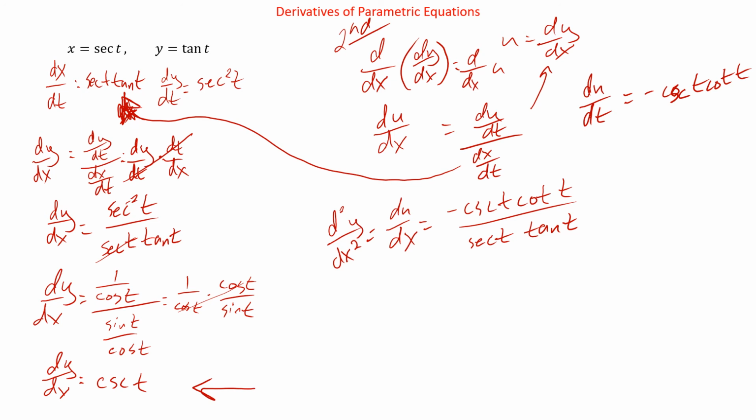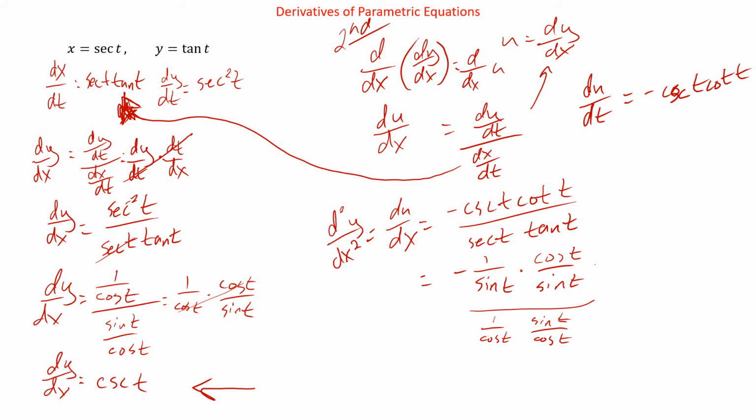Now we can simplify. To simplify trig, change it to sines and cosines. This is going to be negative 1 over sine t, and then cotangent is cosine over sine. And then divide by, we have 1 over cosine. And then tangent is sine over cosine. We can flip those and multiply.